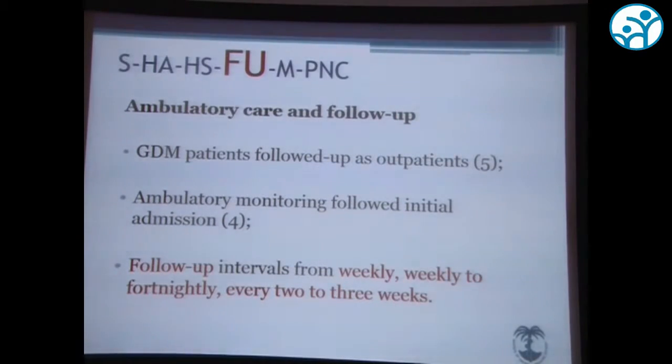We also looked at the follow-up and the ambulatory care. So in 4 papers, women were initially admitted and after that followed up ambulatory, and then in 5 publications, GDM patients were followed up only as outpatients. And the follow-up intervals ranged from weekly, twice a month, to every 3 weeks.